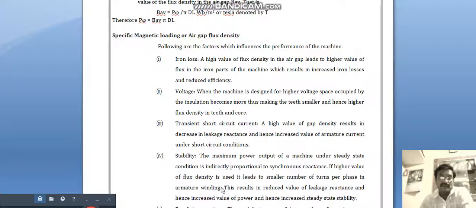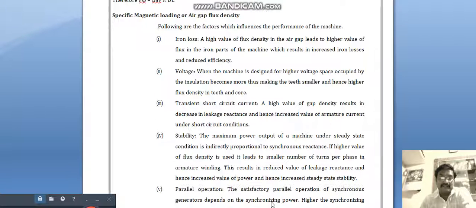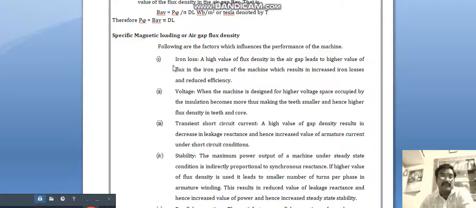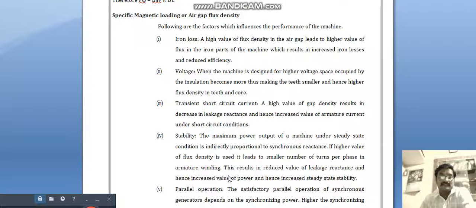If a higher value of flux density is used, it leads to a smaller number of turns per phase in the armature winding. This results in reduced leakage reactance and hence increased power and increased steady state stability. If we go for a high value of specific magnetic loading, the stability will also increase.